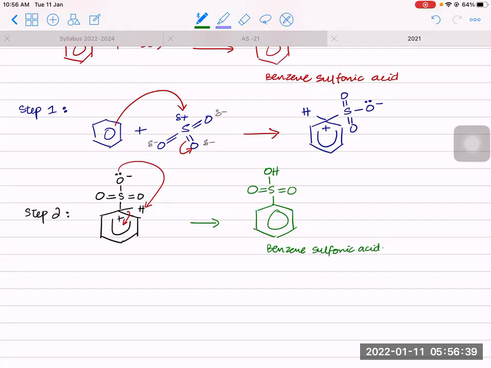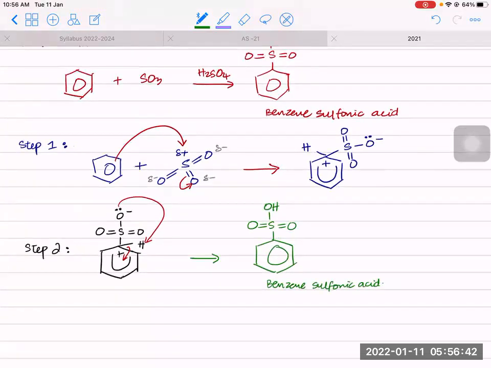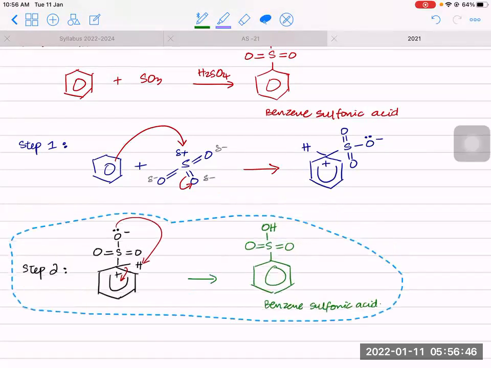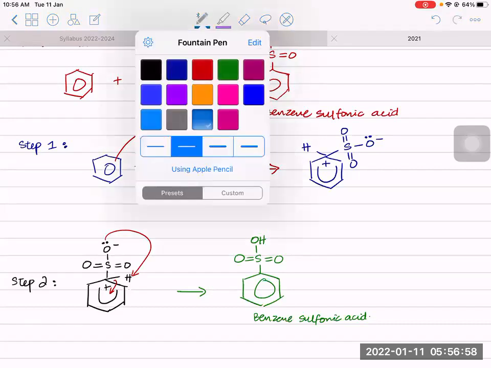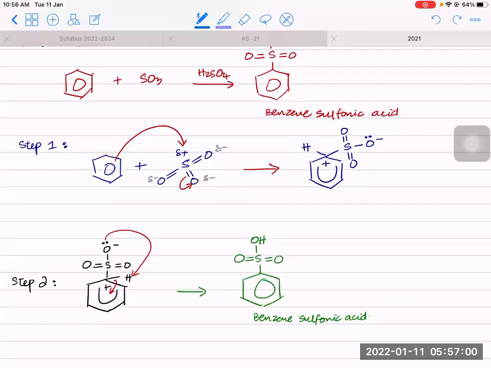Clear? So I'm going to repeat step 1 and 2. You don't need to generate the electrophile here because the SO3 acts as an electrophile because of the partial positive charge on it. You'll show an arrow from the ring to the partial positive sulfur. Sulfur can make 6 bonds, so you have to remove one of the double bonds, make it into a single bond. Oxygen will gain both the electrons, and this bond, let's say, breaks, and this will get a negative charge.